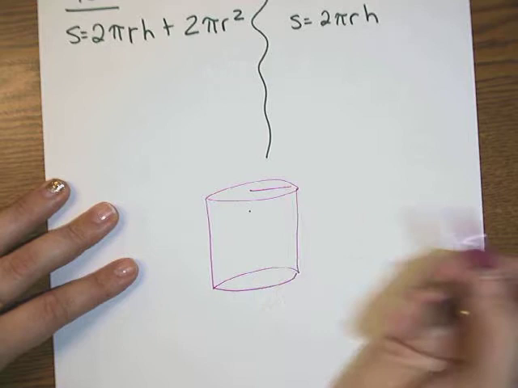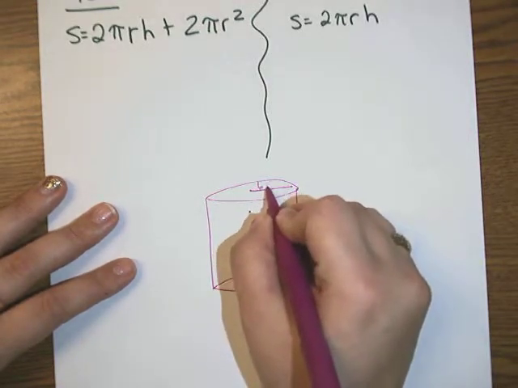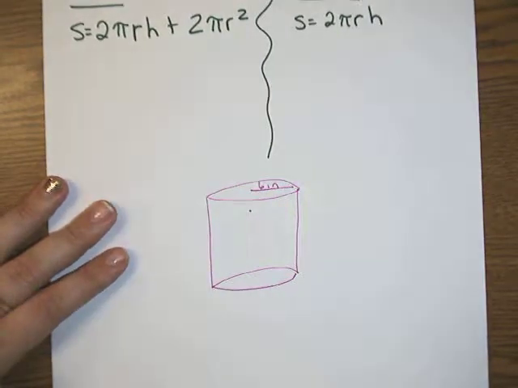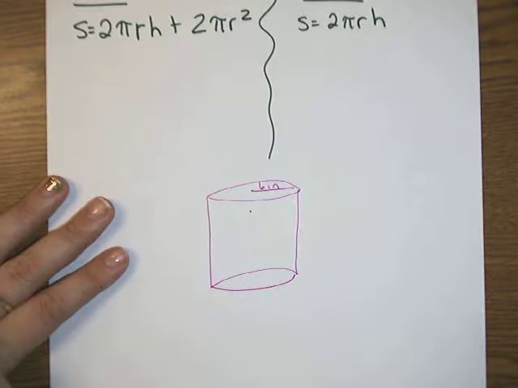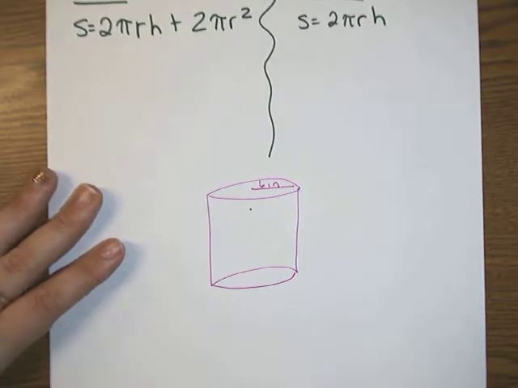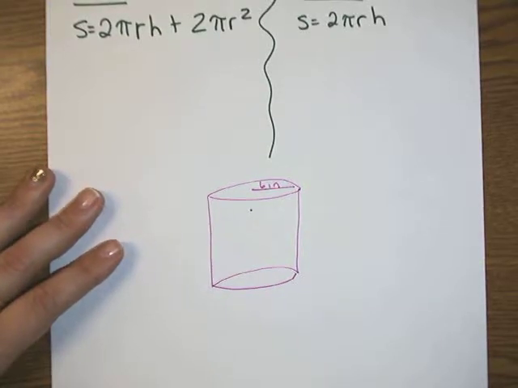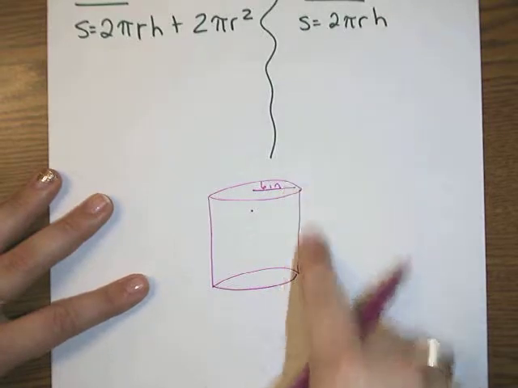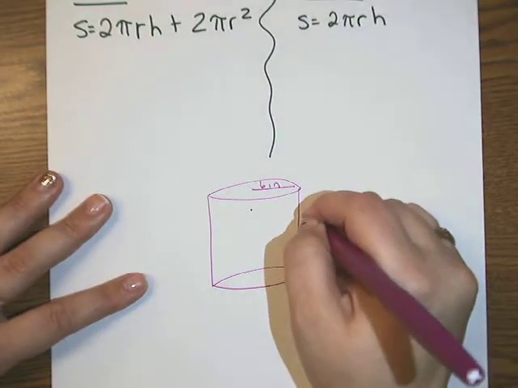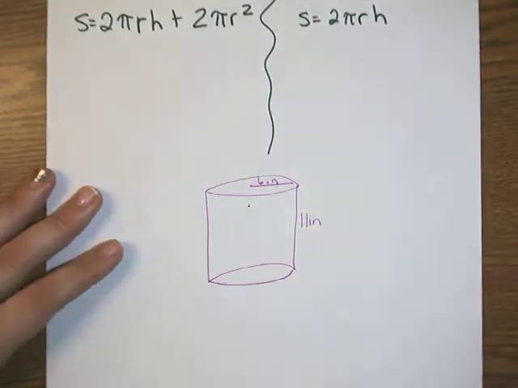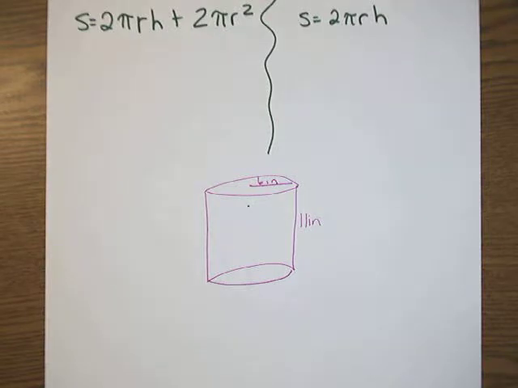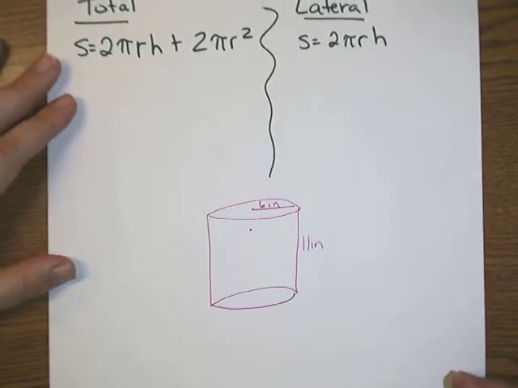Okay, so we have this jar, or this can, and it has a radius of 6 inches. What's the diameter? 12. Okay? Now, yesterday we talked about the height. The height is the distance between two what? Bases. So your height right here is going to be 11 inches. And that's pretty much all the numbers they're going to give you.